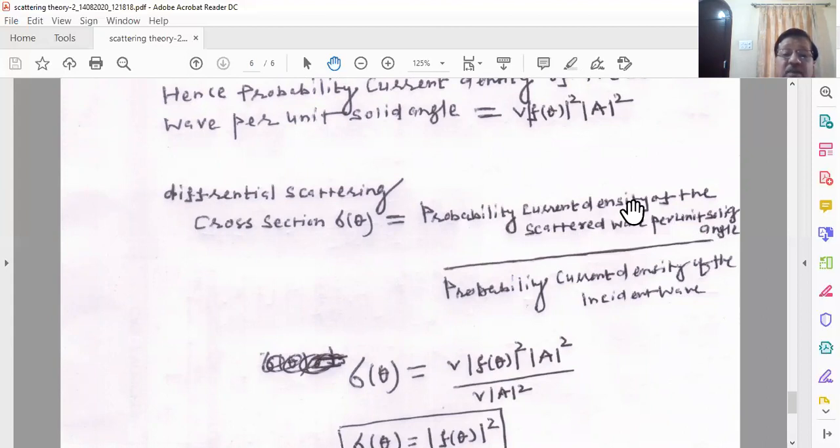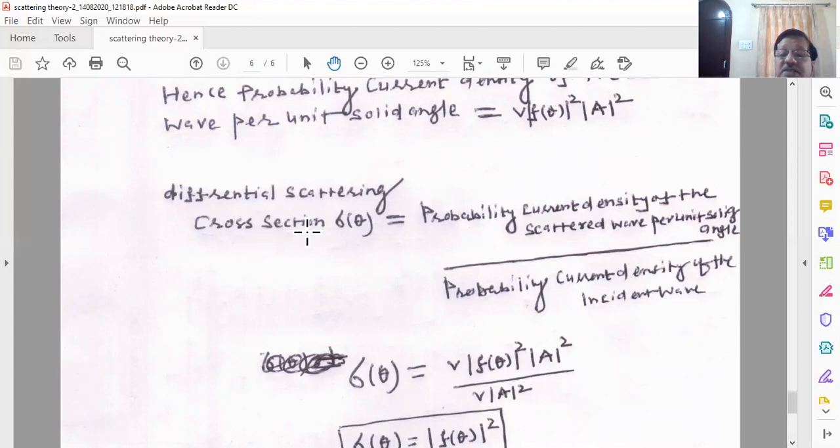Please remember, the differential scattering cross section sigma theta, which I am writing here, is equal to the probability current density of the scattered wave per unit solid angle to the probability current density of the incident wave. Once again, I am defining this ratio, the differential scattering cross section sigma theta. Please remember, sigma is a function of theta and phi, but we have considered a special case: the potential is spherically symmetric.